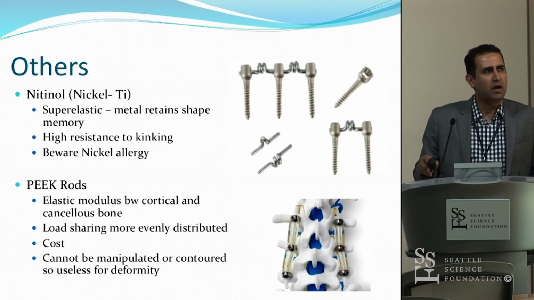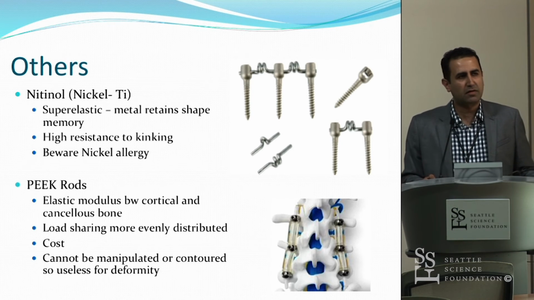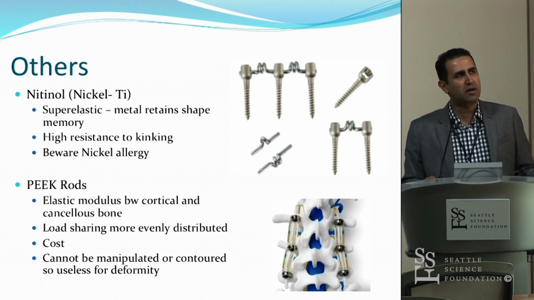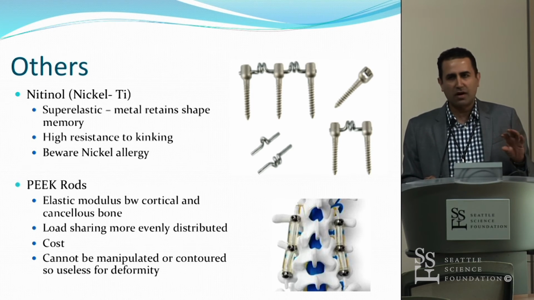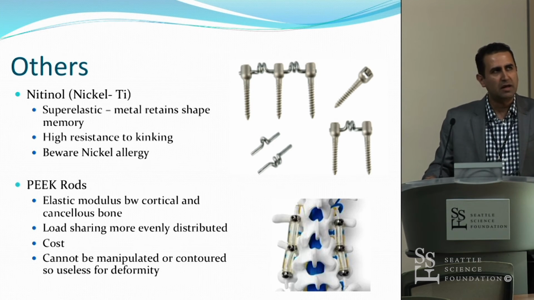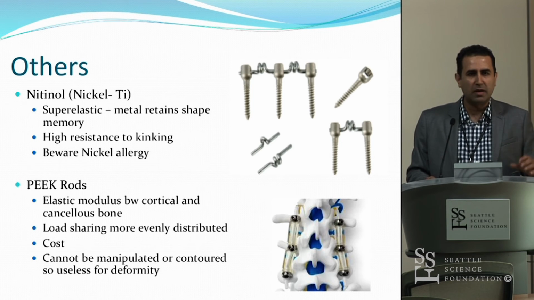There are some others. Nitinol, you've all heard of that to some extent. It's particularly effective because it's super elastic, so the metal retains its shape. It's got a high shape memory. It's resistant to kinking. It's typically used as a locking mechanism.